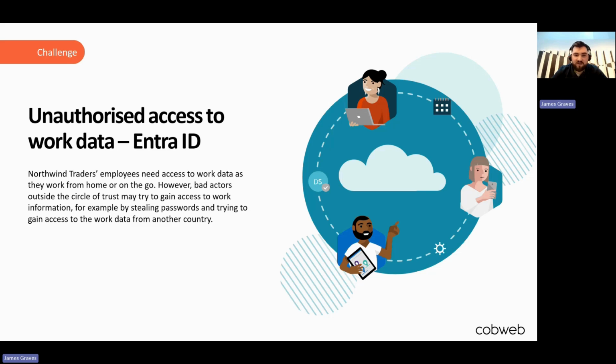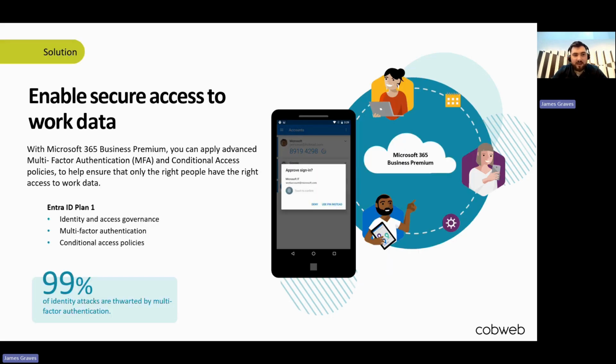So how we're going to look at fixing that issue in particular is utilizing the Entra ID aspect of the Business Premium license. What that means is that Business Premium in this scenario includes the Entra ID Plan 1, which includes two very important capabilities, which is multi-factor authentication, as we discussed on the previous one, and the conditional access aspect of this.